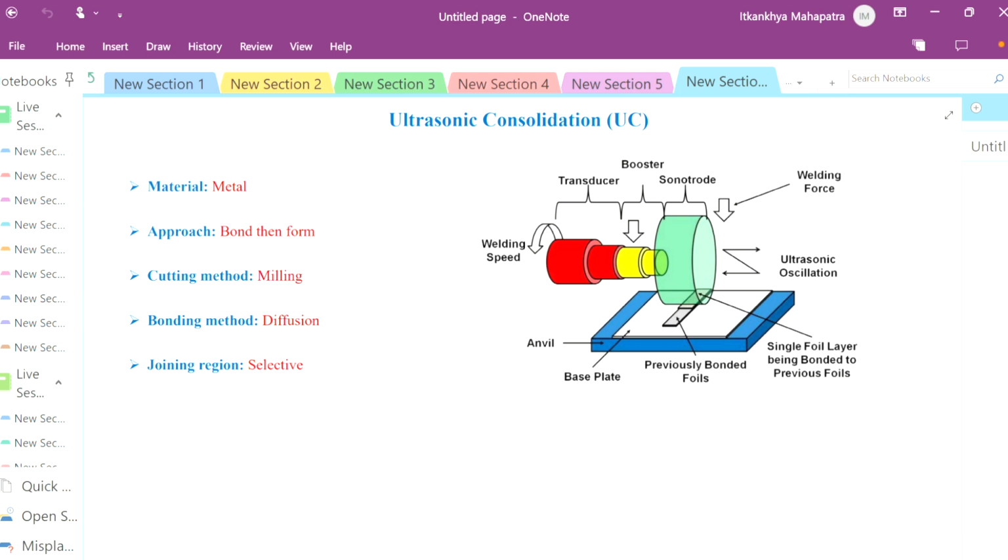It is mostly used for metals, and this process is also called a hybrid process because in this we are using a subtractive as well as an additive process.